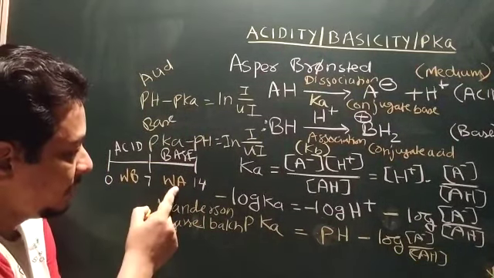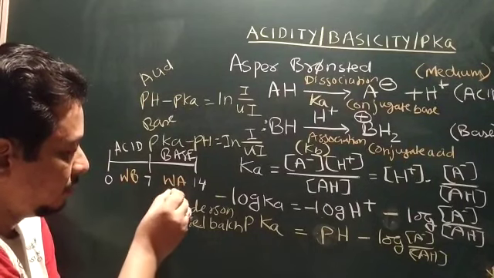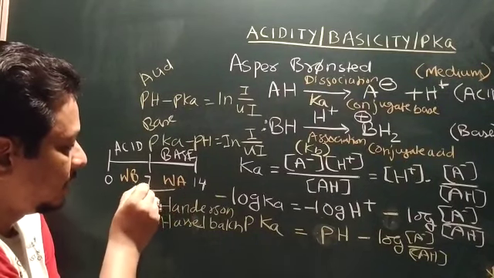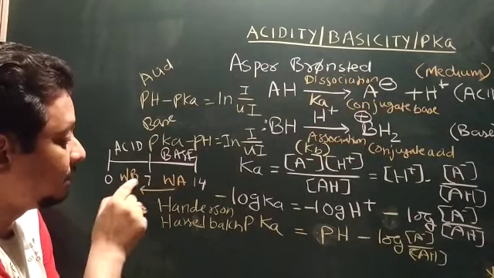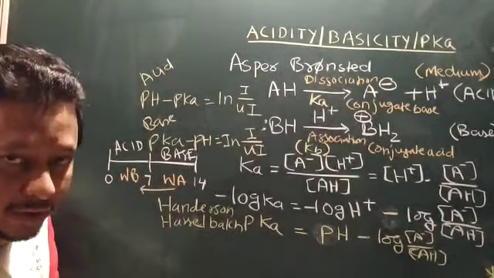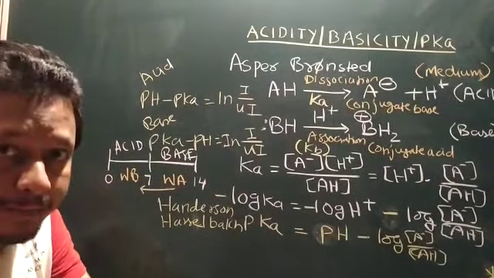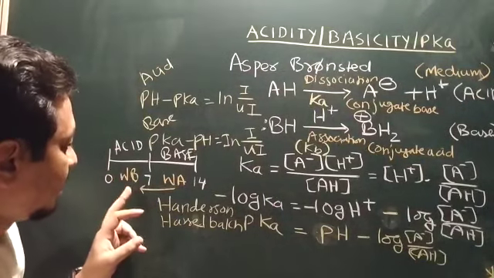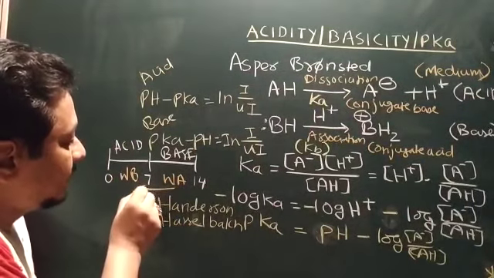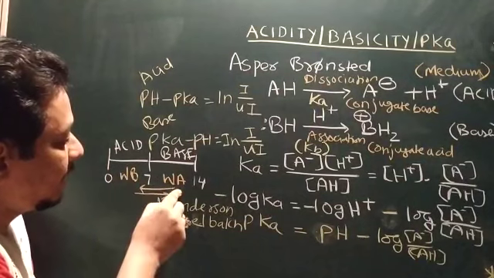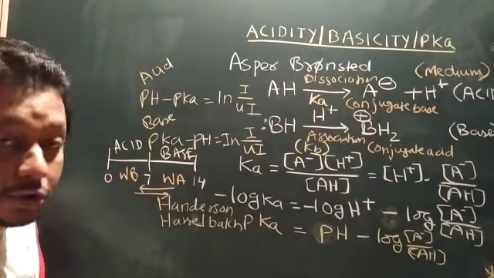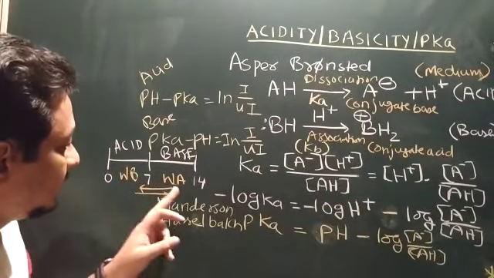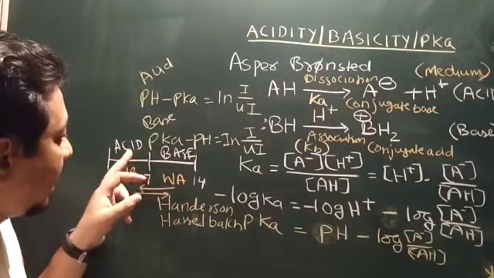Remember, if the pK of a weak acid goes down, towards this side, it may shift to a weak base. It cannot become a strong acid. Weak remains weak whether acid or base. If a weak base's pK goes up, it becomes a weak acid. It cannot become a strong base.